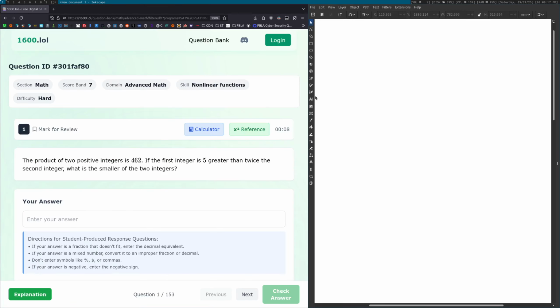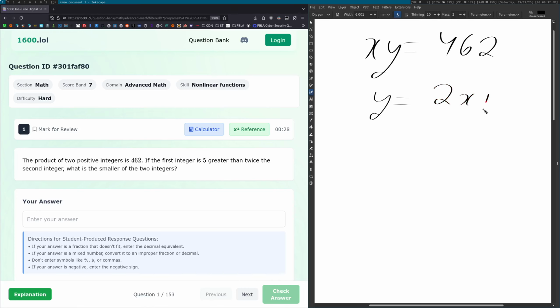Okay, so we've got x times y, since we don't know them, is equal to 462. The first integer is 5 greater than twice the second integer. So we've got y is equal to 2x plus 5. That makes sense so far, right?